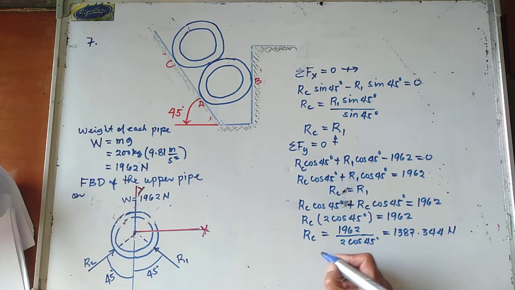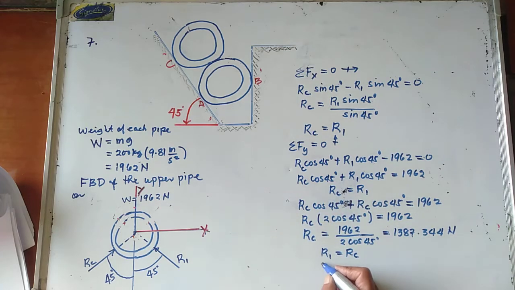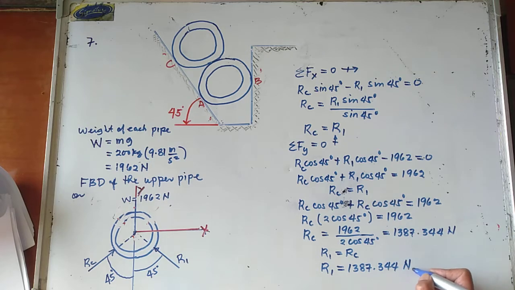So this time, R1 is equal to RC, hence your R1 is equal to 1387.344 newtons.